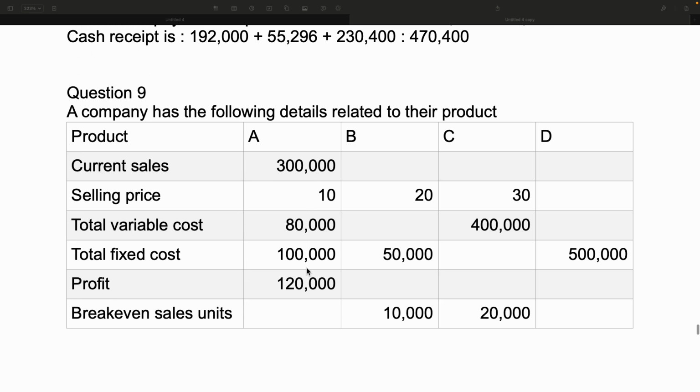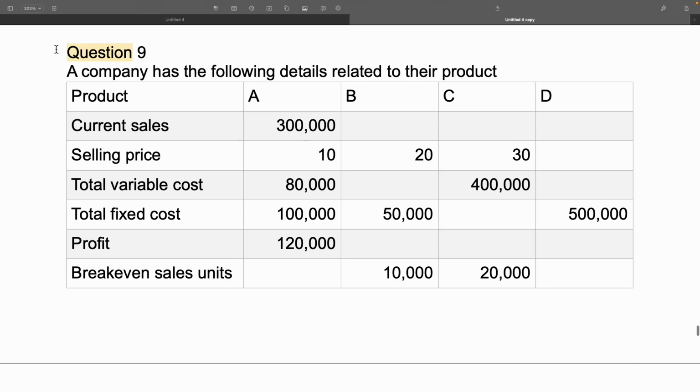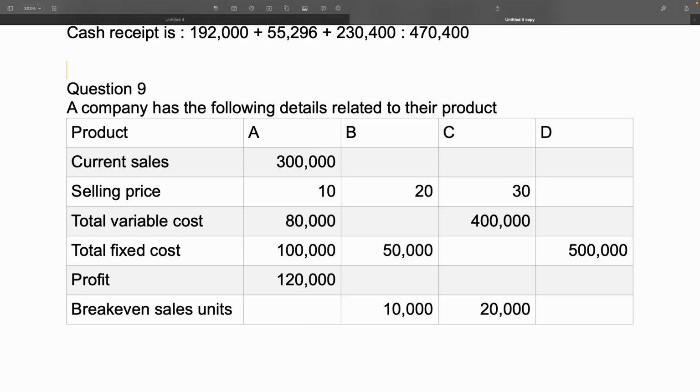Right, we're looking at question number 9. Company has the following details related to their product. What is the break-even sales? What is the CS ratio? So these are certain questions you're supposed to have been able to do.